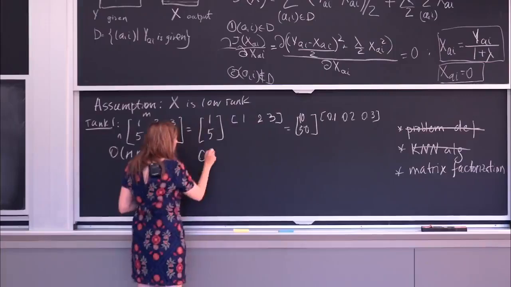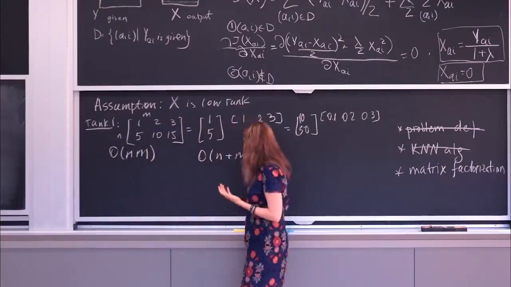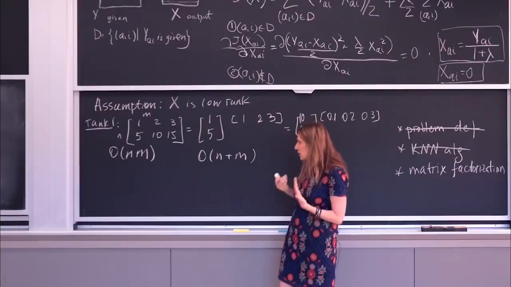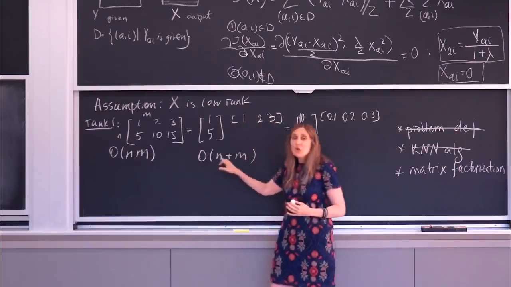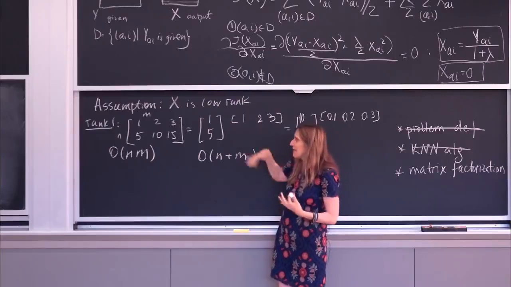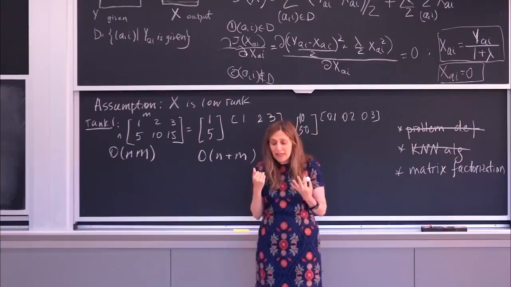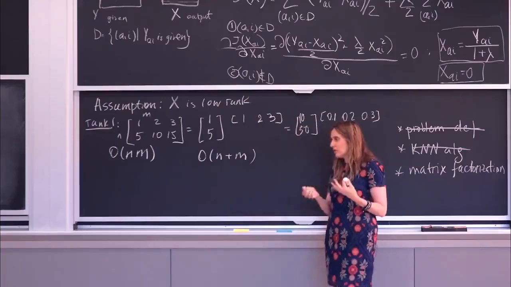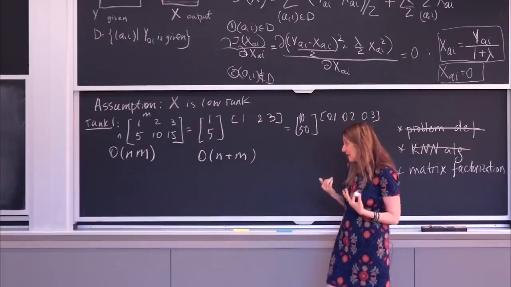So overall, we have n plus m different parameters. In reality, it's n plus m minus 1 due to this normalization issue. But what is important is that we are moving from n multiplied by m to n plus m. And whenever we make this assumption that we are operating in the case of rank 1, we are making a very, very strong assumption of how the decisions of users and their preferences on movies are related.